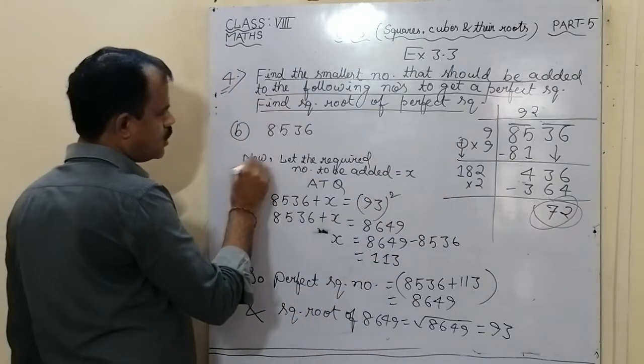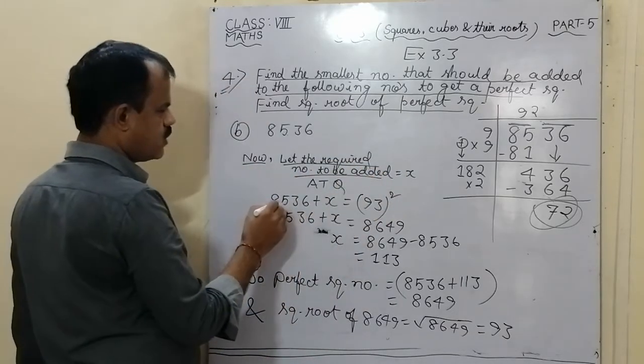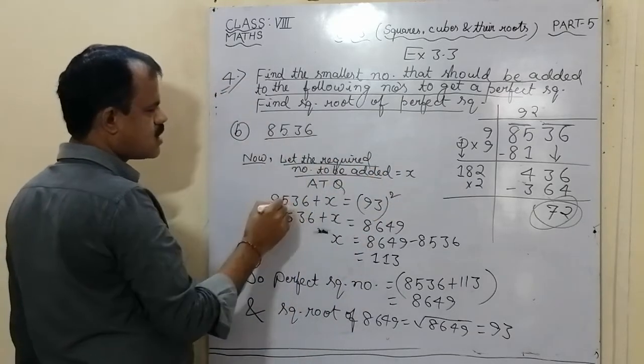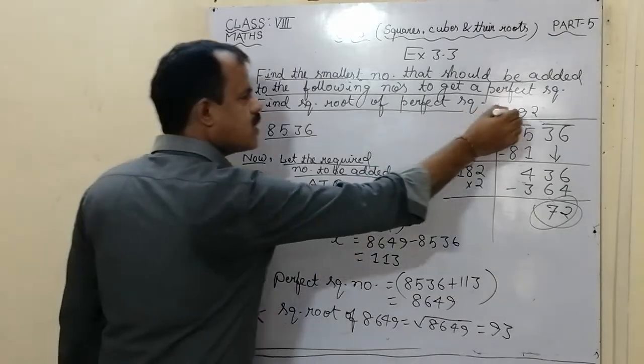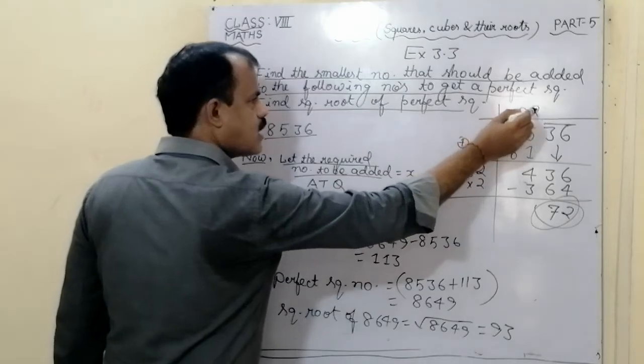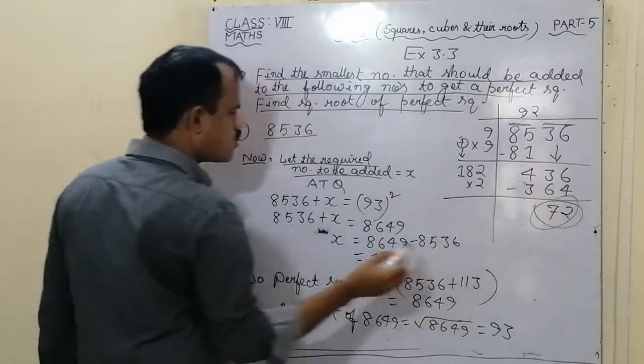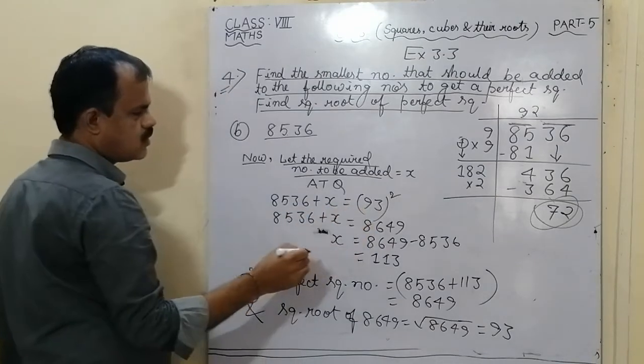So students, look here, let the required number to be added be x. So we write here 8536 plus x, so it becomes 93 squared. This is 92 squared, so this number is less than 93 squared, so we write here 93 squared.